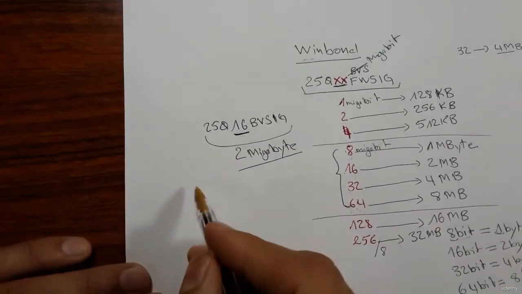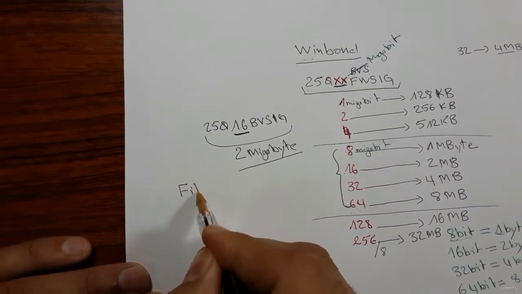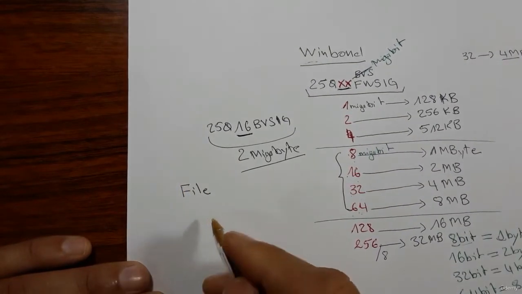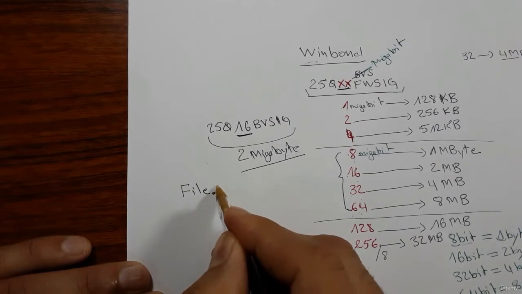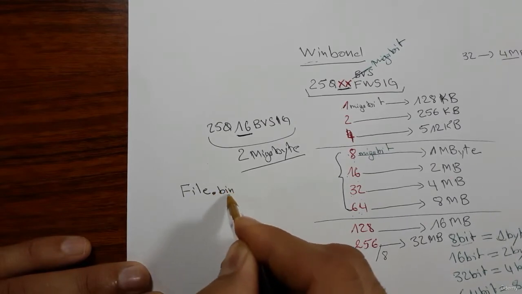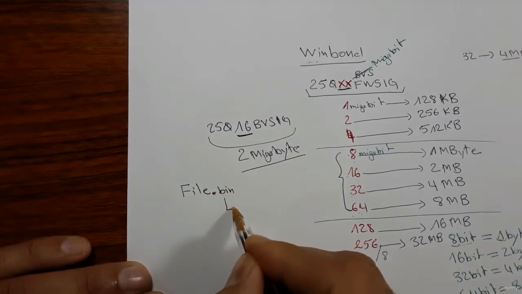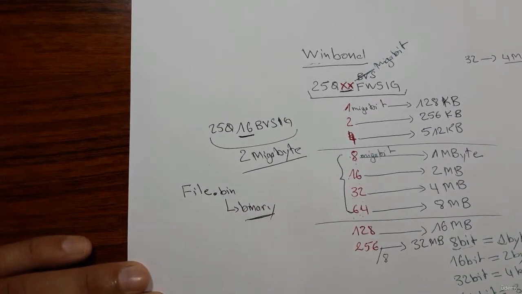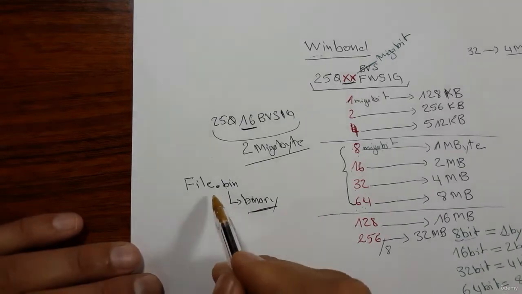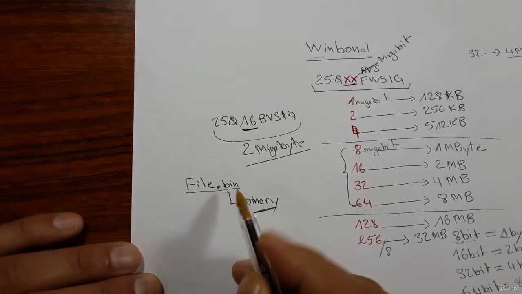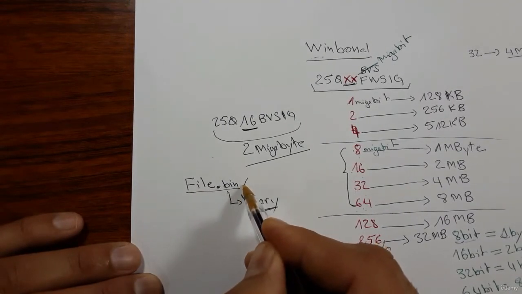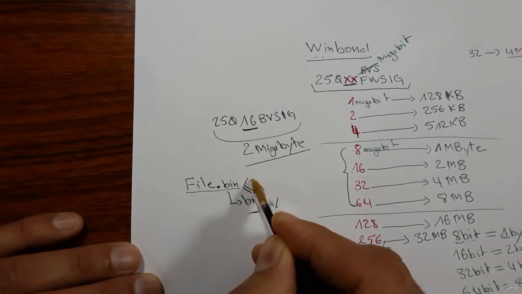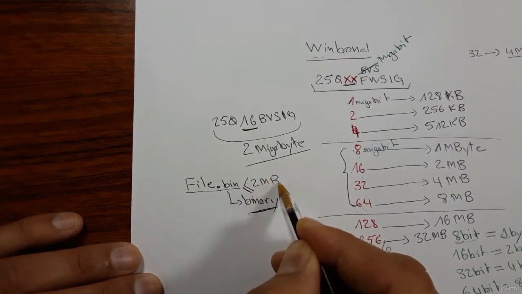So the file that we will usually find with the bin extension, bin means binary, this file should be less than or equal to 2 megabytes.